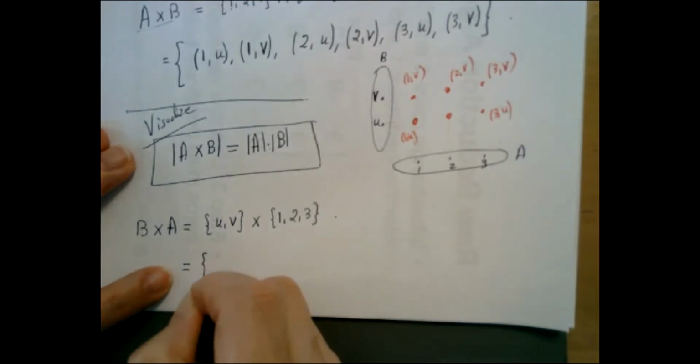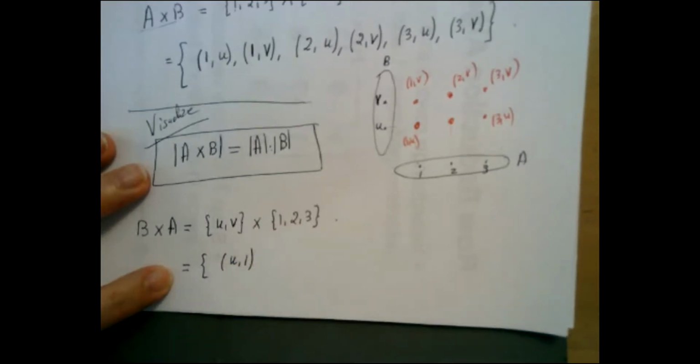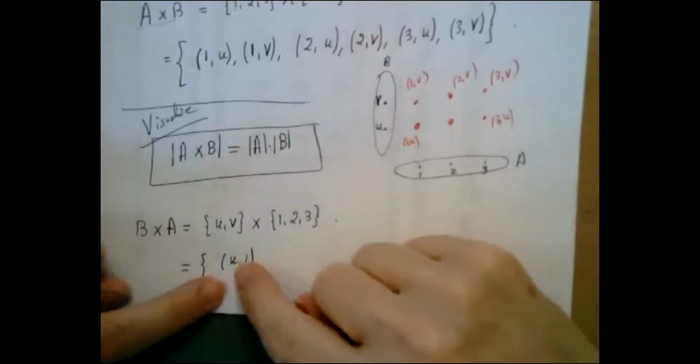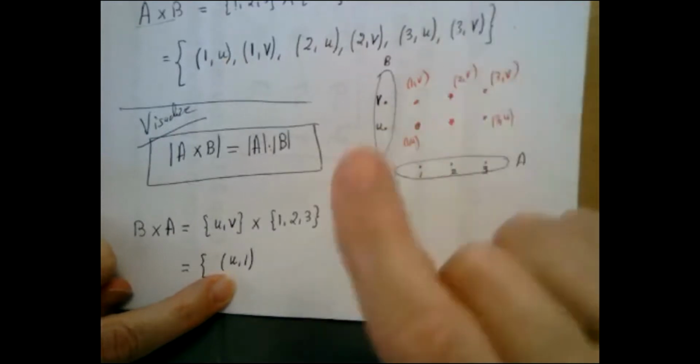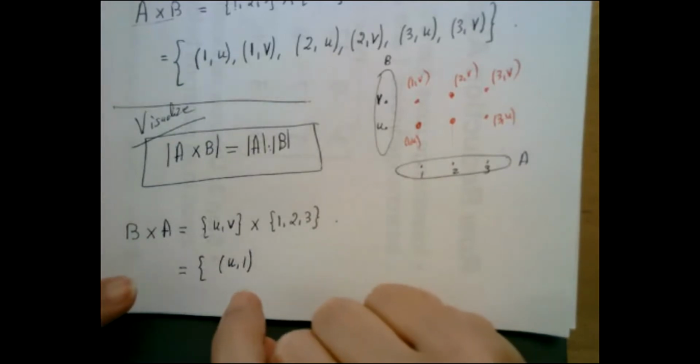Let us list them. U1. Yeah, the ordered pairs flip, so no, it wouldn't be. Absolutely not the same set, because where is U1 in A cross B? The answer is no, because ordered pairs are equal if the first terms are equal and the second terms are equal.